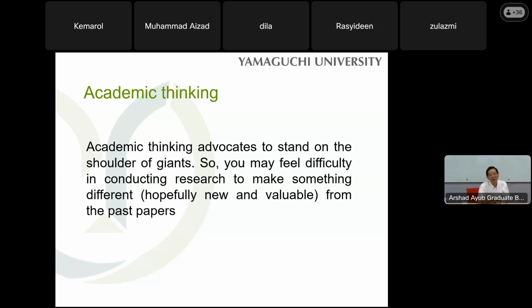But they are saying, this is a new product. So you will be proud of yourself, even though you may think your expected contribution is very small. But that's what academic thinking is advocating.